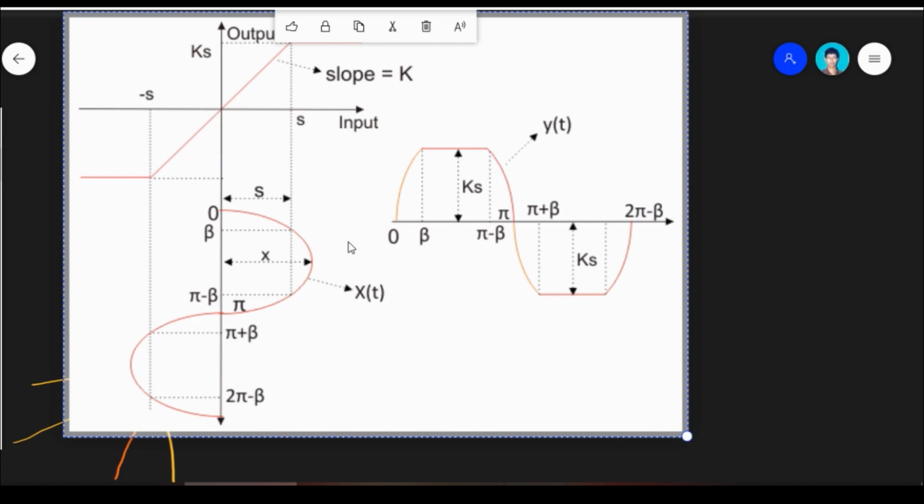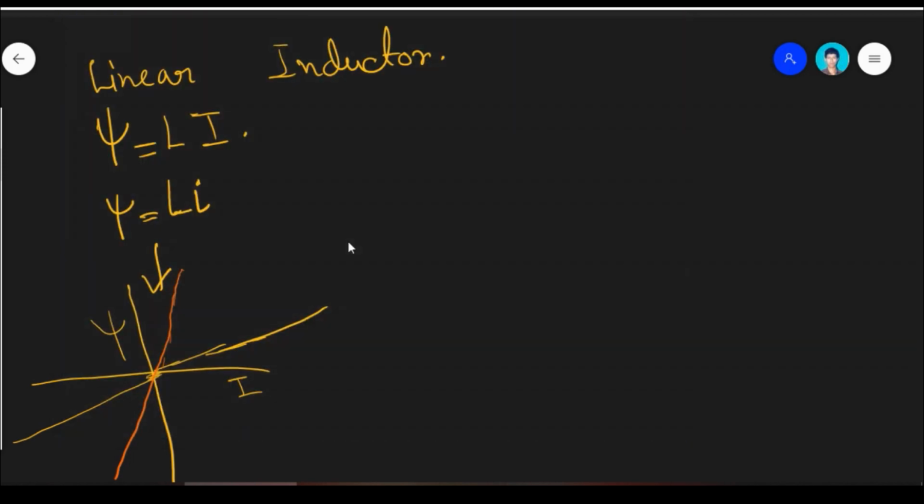Now one thing that we could figure out is that a system must be linear.